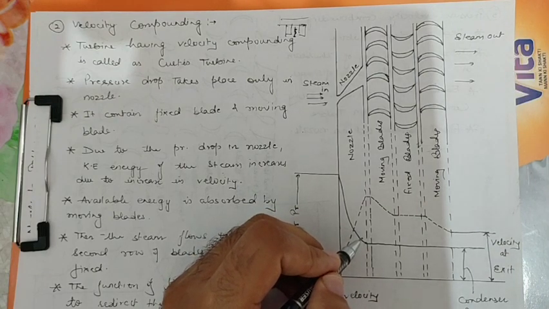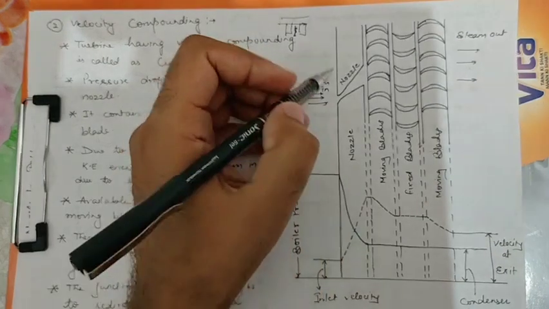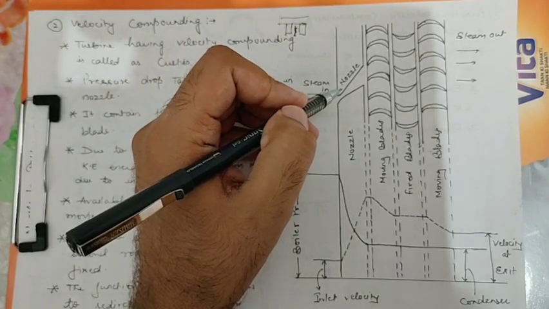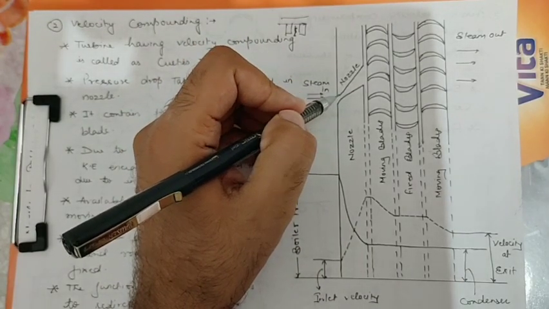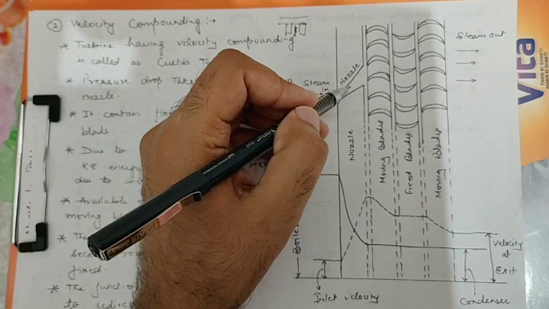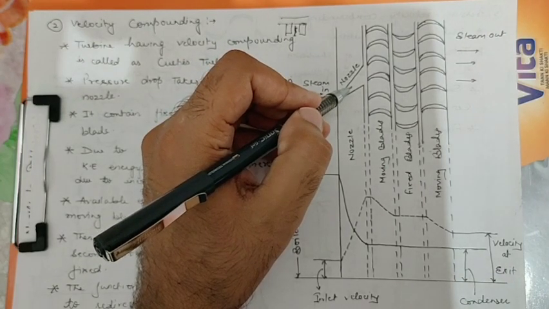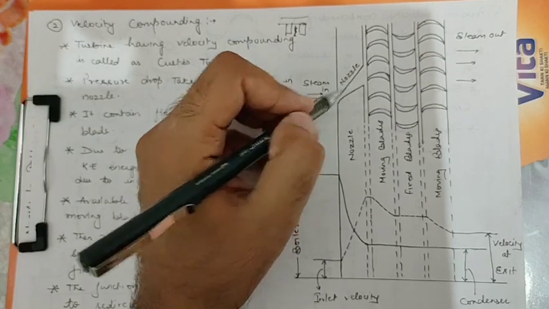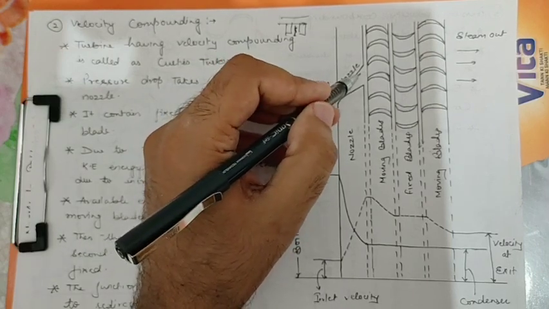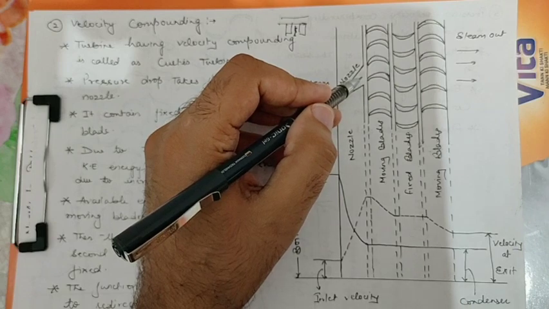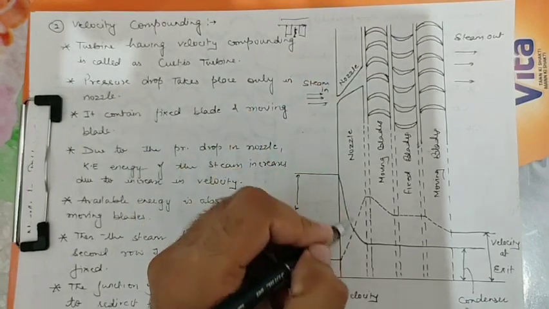Okay, now what will happen? In the nozzle, the pressure drop takes place. Hence, this pressure energy that is reduced is converted into kinetic energy. It means the steam velocity increases due to the presence of the nozzle, and the pressure drop takes place.